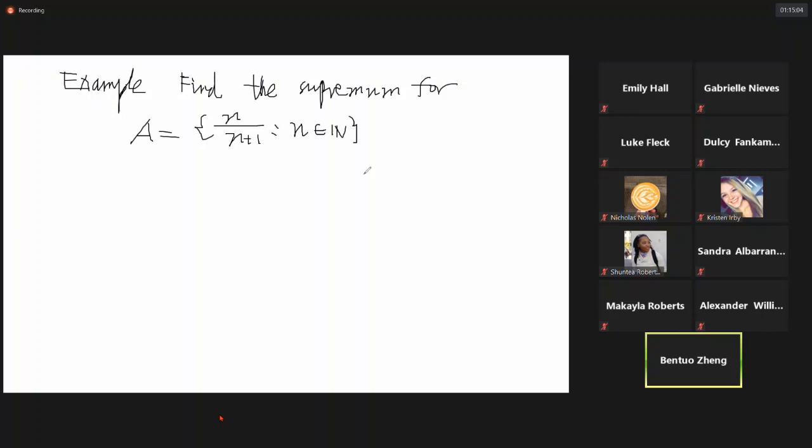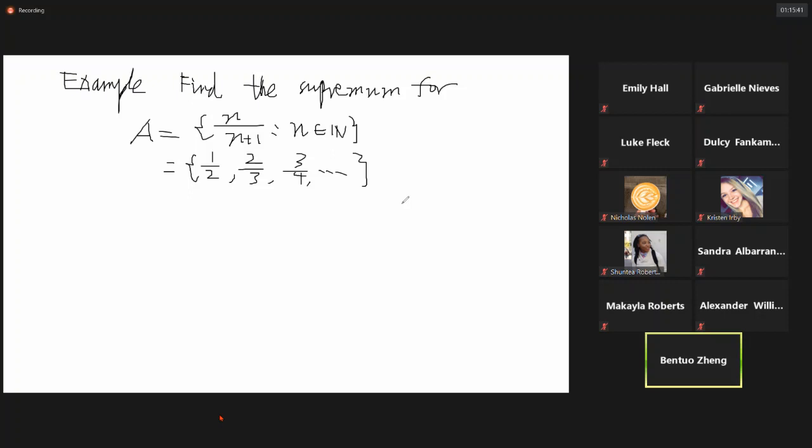So what does this set look like? If you let n equal 1, you get 1 over 2. If n equals 2, you get 2 over 3. If n equals 3, you get 3 over 4. And you keep going.